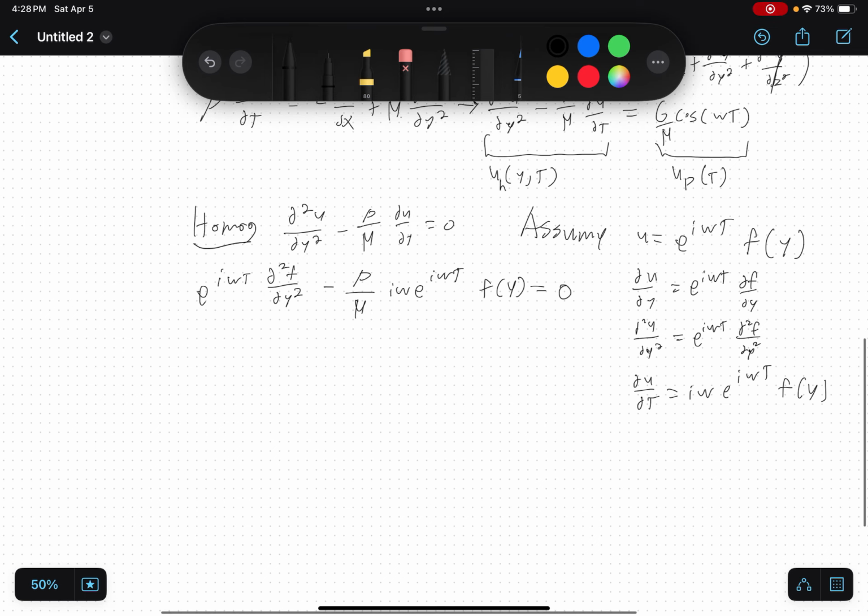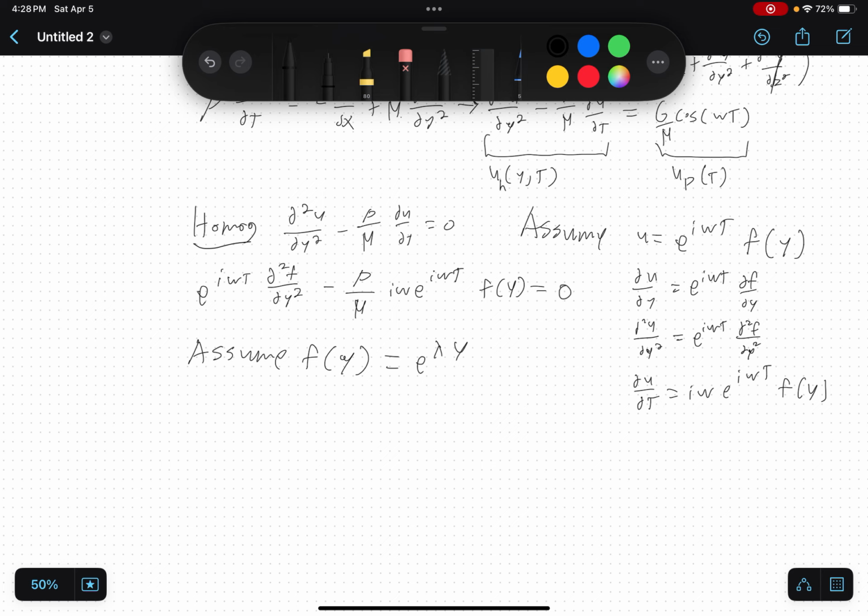So now we can do the same thing that we did last problem. We assume f of y equals e to the lambda y. Right? I'm looking at my notes when I say right. Yes, it is right, because I am always right.